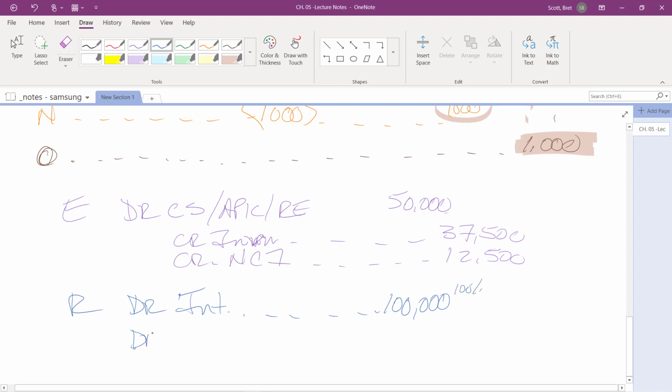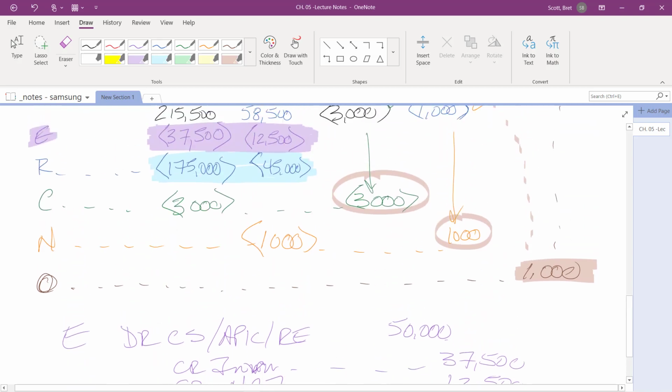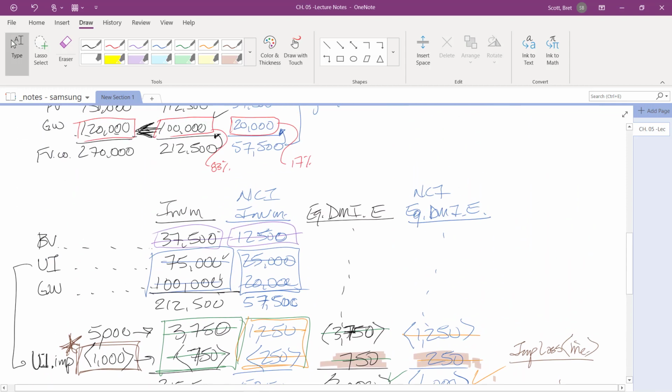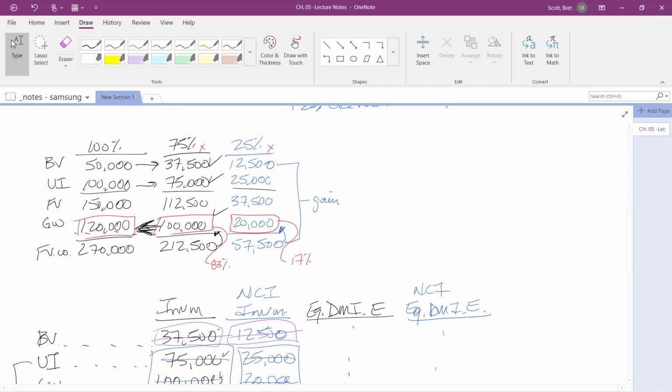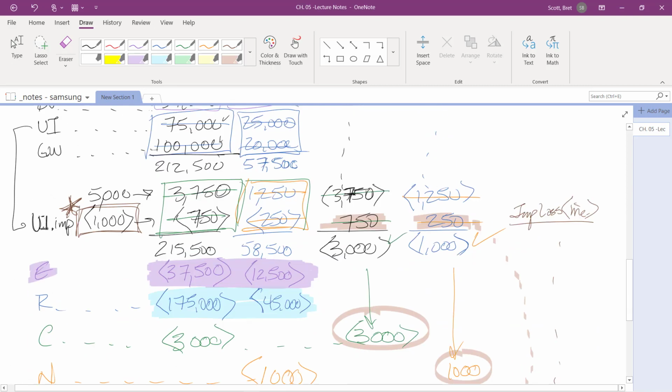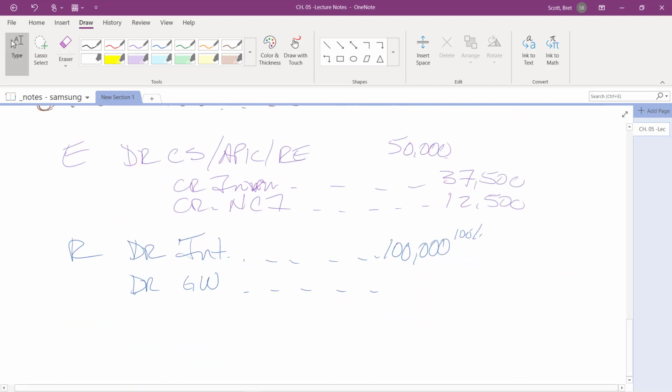We're also going to be debiting goodwill for the full 100%. And how much was that? Let's take a look back up above here. Goodwill, we saw, there it is, 120. Yes, we did our portion and we kept track of NCI's portion, but hey, goodwill in total was $120,000. So 120, or is this million? I forget. We're doing millions, I guess.